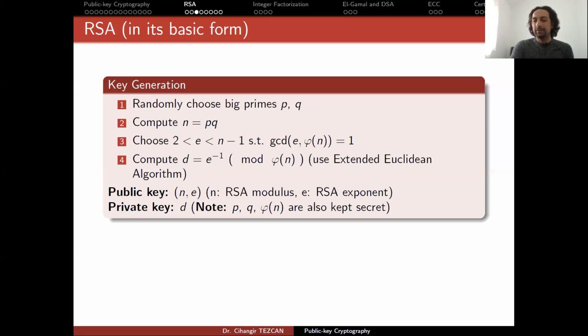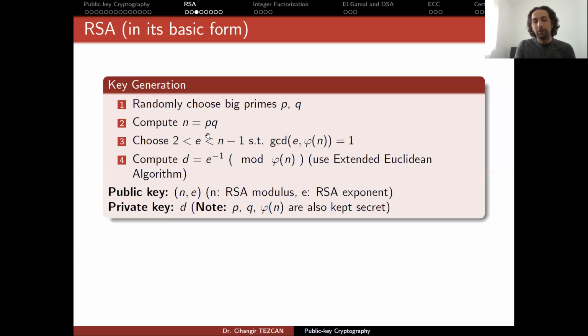So at this point you can see why the security depends on the factorization problem, because if the attacker can factorize n and obtain p and q, then RSA is broken. But if they cannot, then RSA is secure.